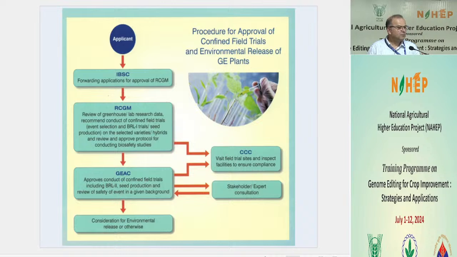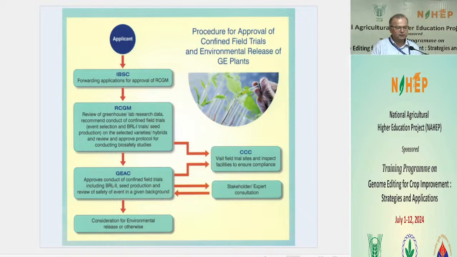So many a time it so happened that even if the product is very good, it did not see the light of day because of all these lengthy and cumbersome procedures which are essential to deal with any sort of transgenic materials.